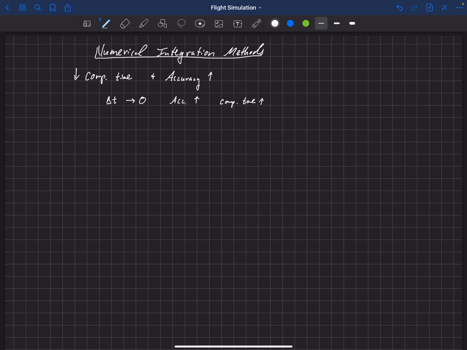So there's this challenge of how big of a time step do you use, and the other thing that you can play with is the order of the method, right?